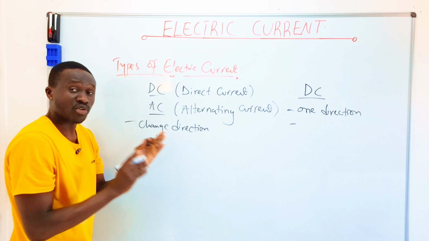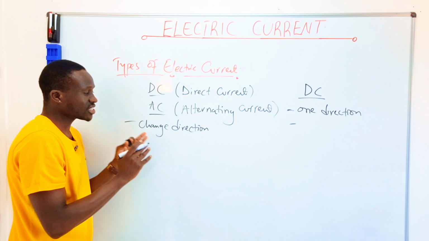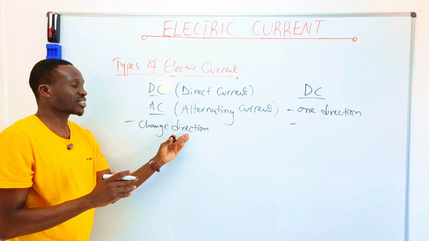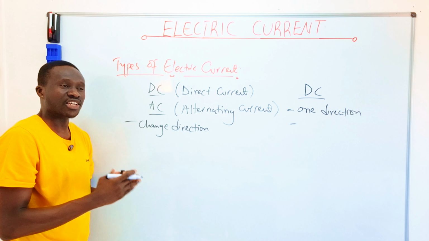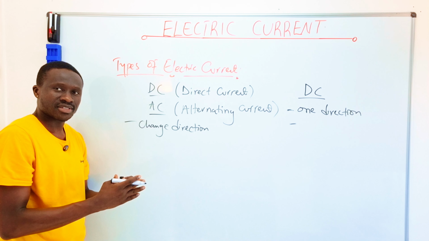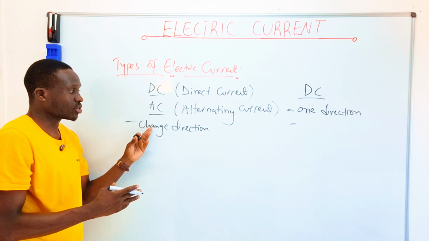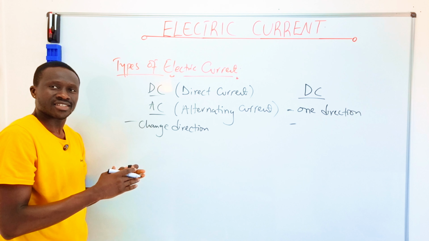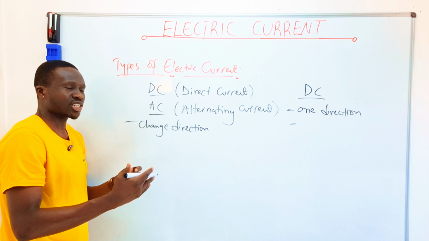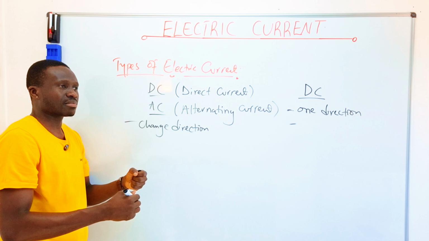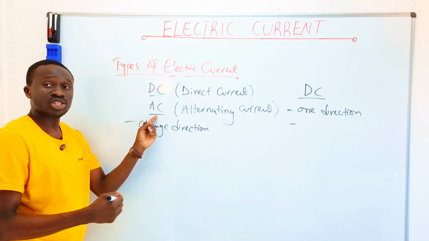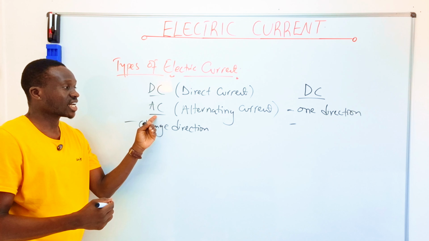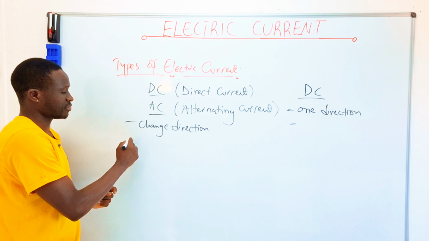This is what we use at our homes, in factories and offices, because it has high efficiency to produce strong electrical power. That is why it is AC, alternating current.